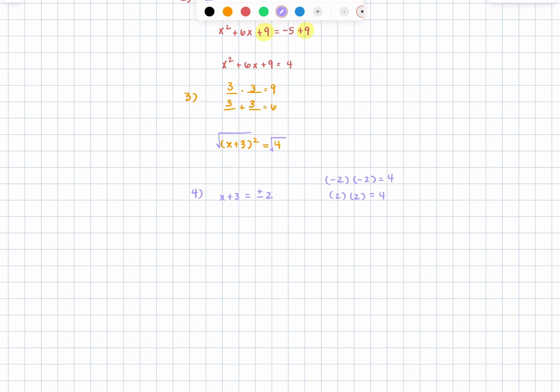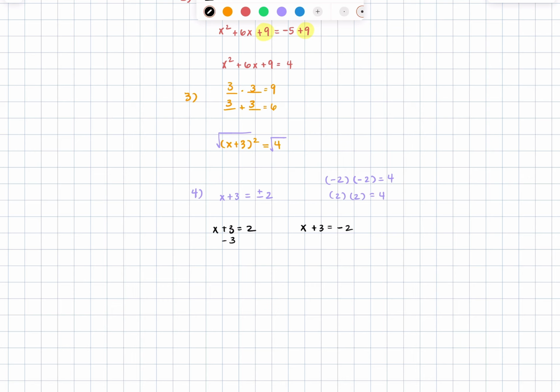Now, for my last step, what I'm going to do is just subtract 3 from both plus 2 and minus 2. So I'm going to have x plus 3 equals 2. And also I'm going to have one side that says x plus 3 equals negative 2.